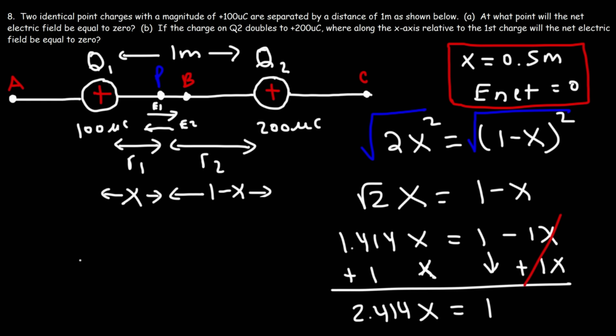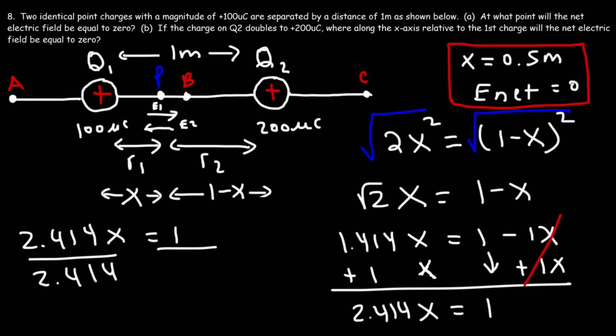So we have 2.414x is equal to 1. To get x by itself, we need to divide both sides by 2.414. So x is going to be 1 divided by 2.414, and so we get 0.414.